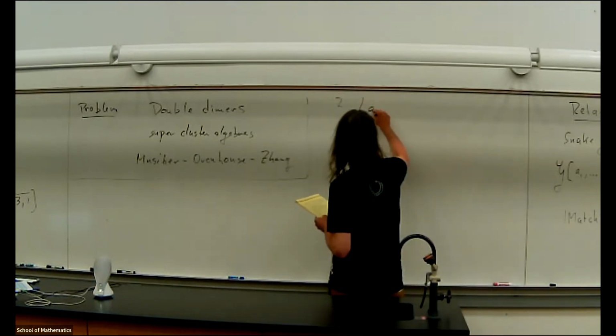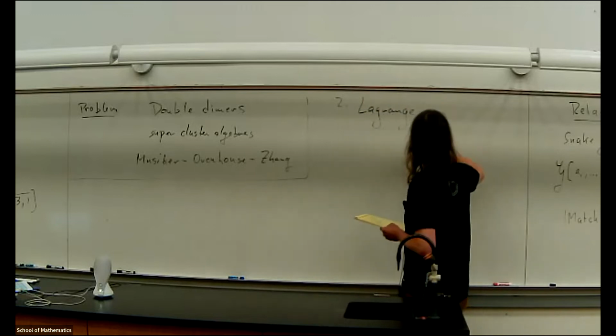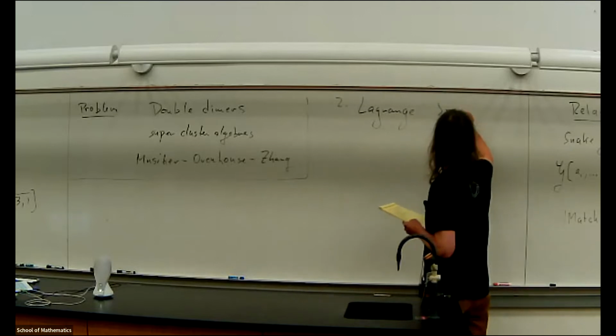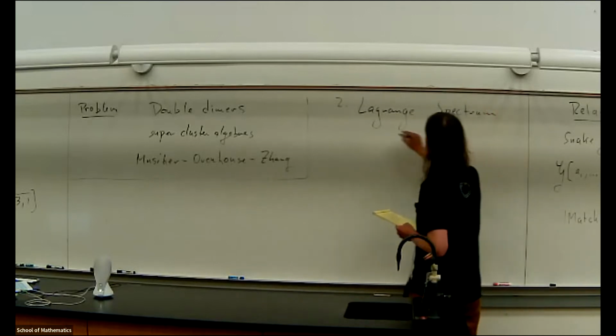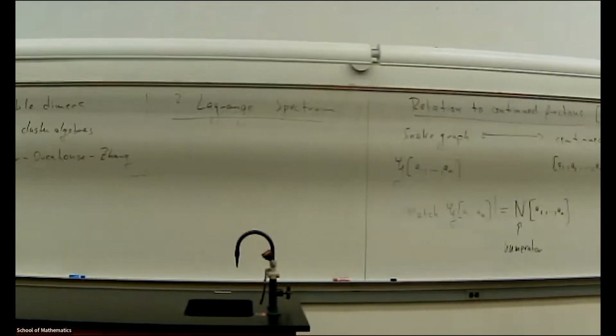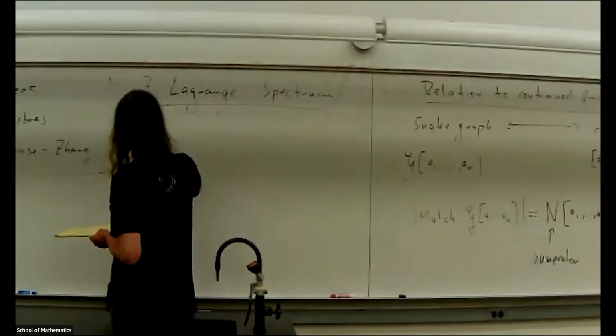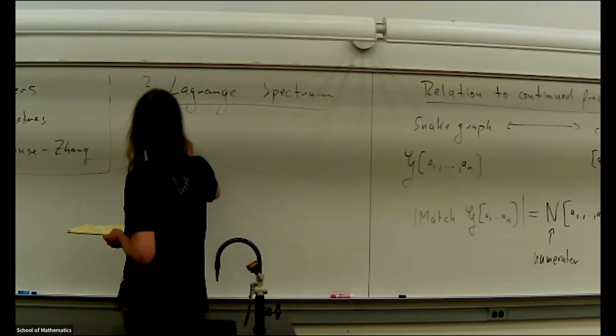I need to make a digression now into number theory. I will talk a little bit about the Lagrange spectrum, and to do that, first I will talk about Markov numbers.